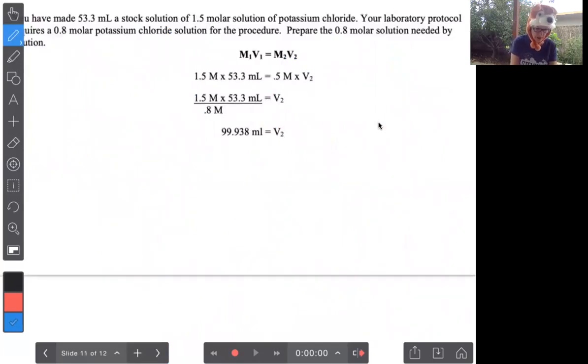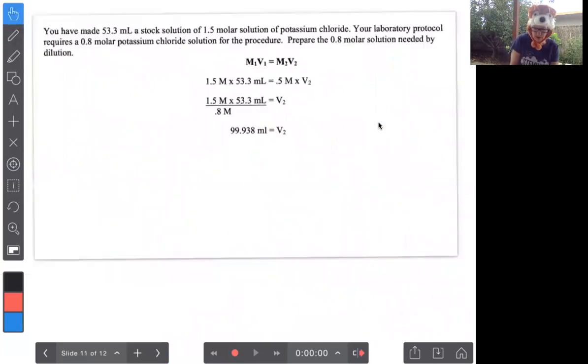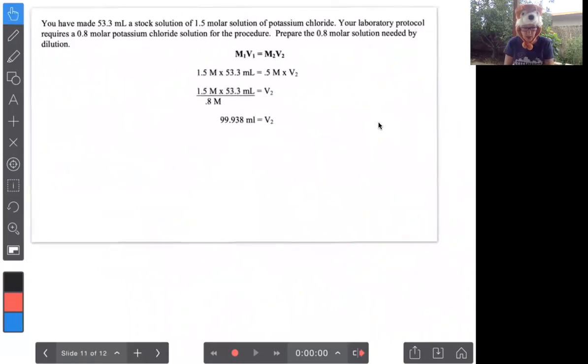Okay, let's practice. Oh boy, here we go. We made 53.3 mil stock of a 1.5 molar solution of potassium chloride. So our stock solution is 1.5 molar, and we have 53.3 mils of it.